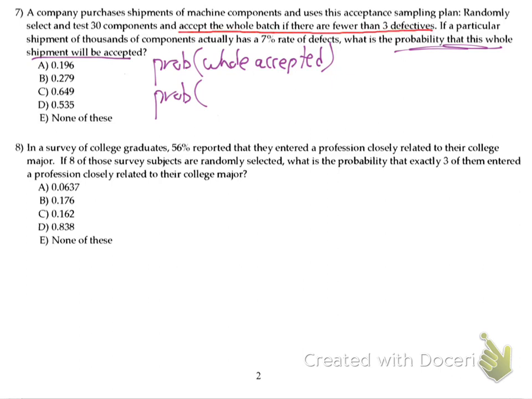Yeah, there it is. You accept the whole batch if fewer than 3 defectives are found. So that's really what they're asking me. What's the probability you're going to have fewer than 3 defectives?